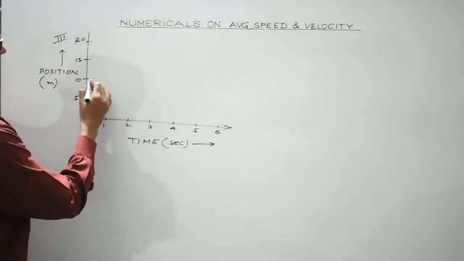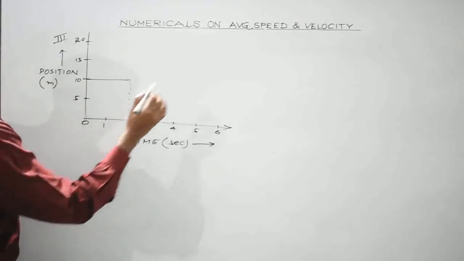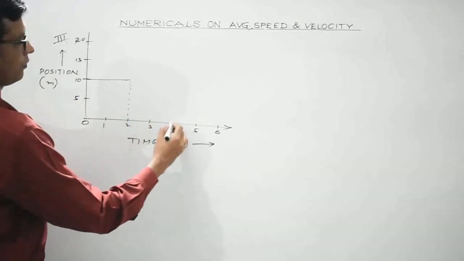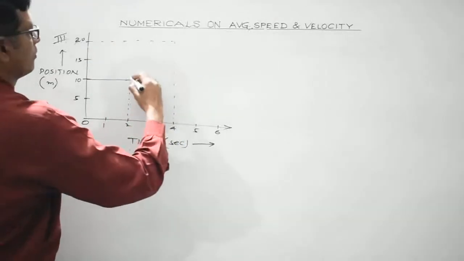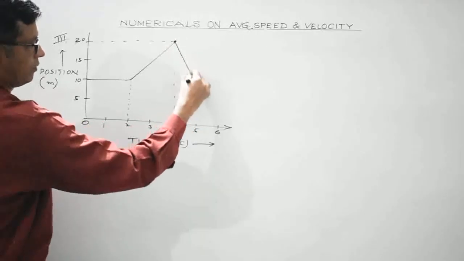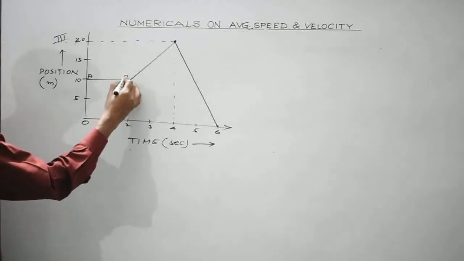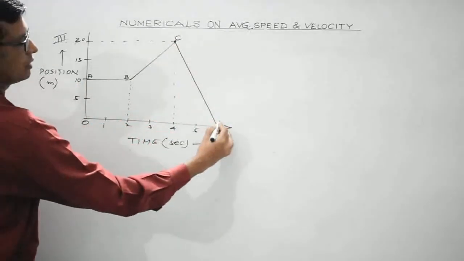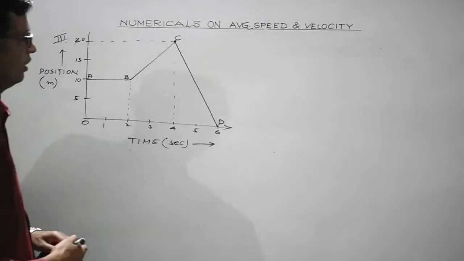Suppose the graph is like this. Okay, this is the graph. This is suppose A, this is B, this is C, and this is D. Suppose this is the graph given, right?